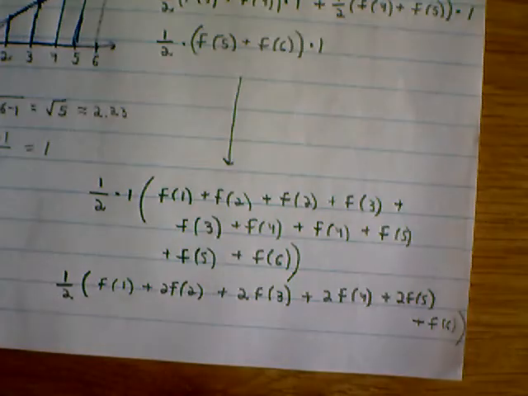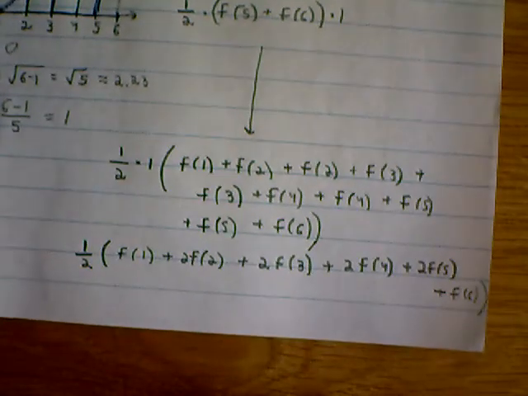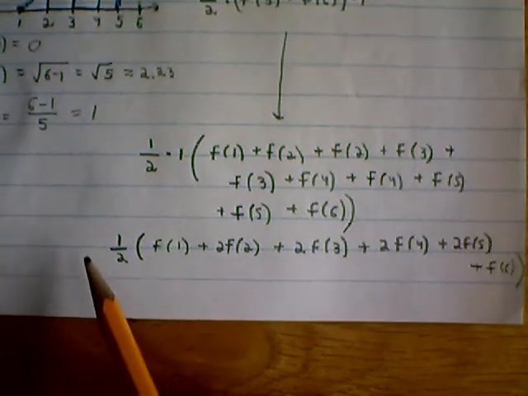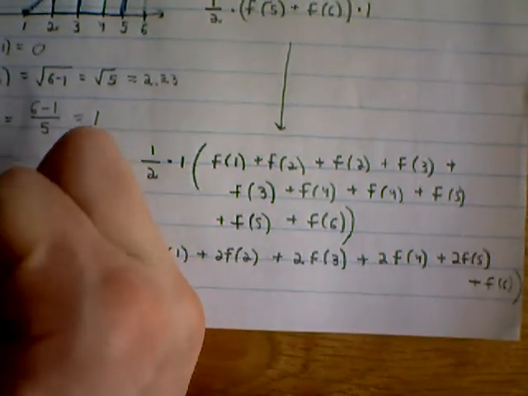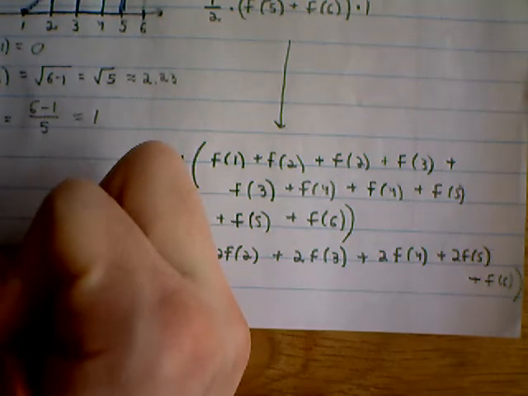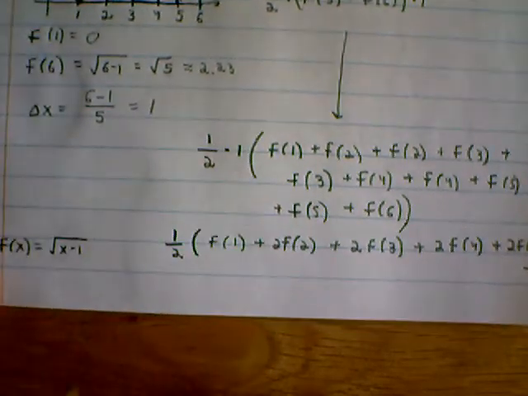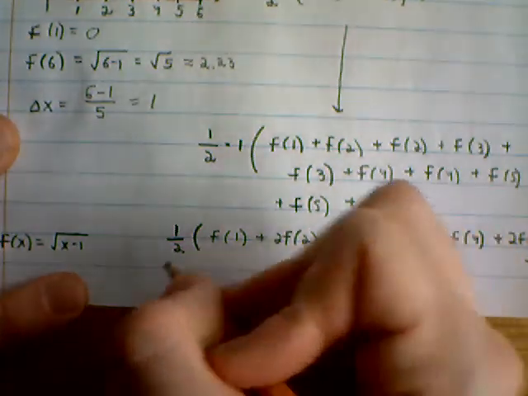All right. Now, we have to remember that our original function was f of x equals the square root of x minus 1. So if I plug in 1, f of 1 is 0.